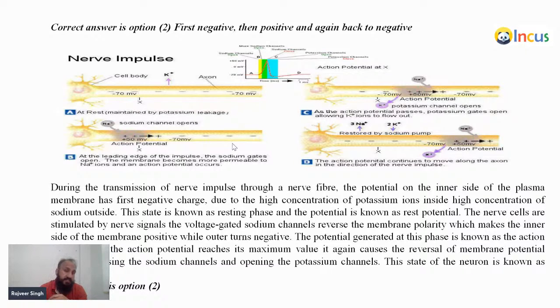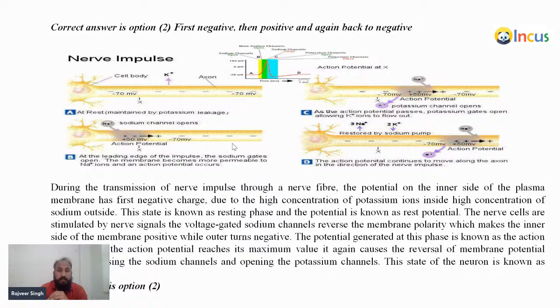The nerve cells are stimulated by nerve signals and the voltage-gated sodium channels reverse the membrane polarity, which makes the inner side of the membrane positive while the outer side turns negative. The potential generated at this phase is known as the action potential.